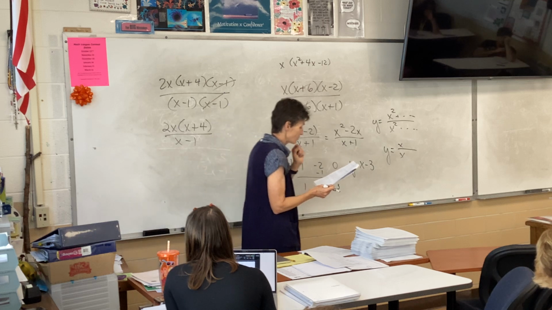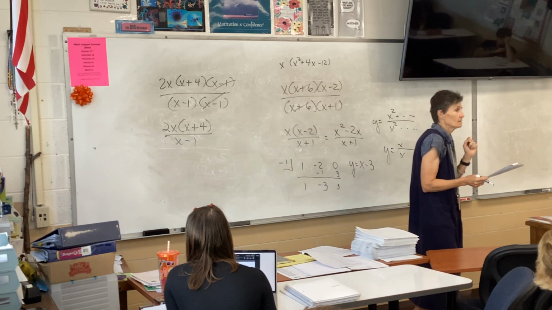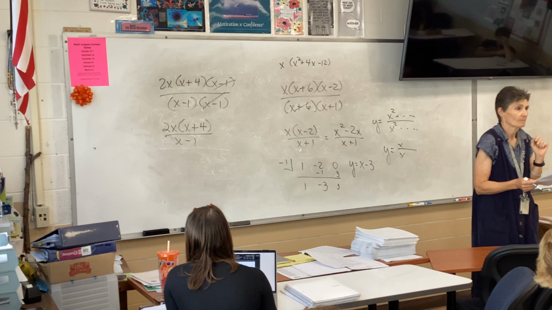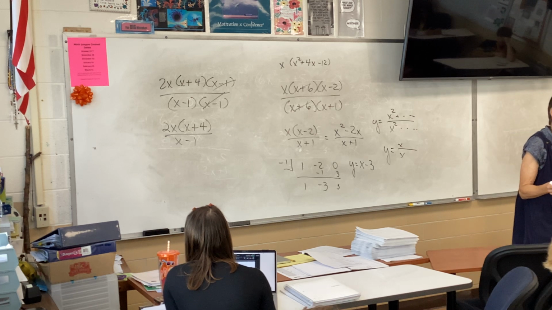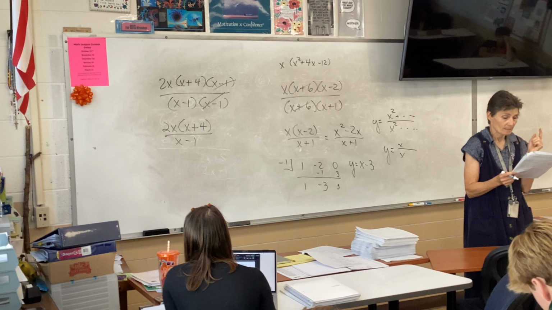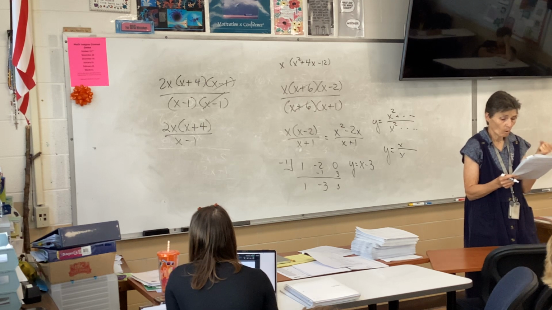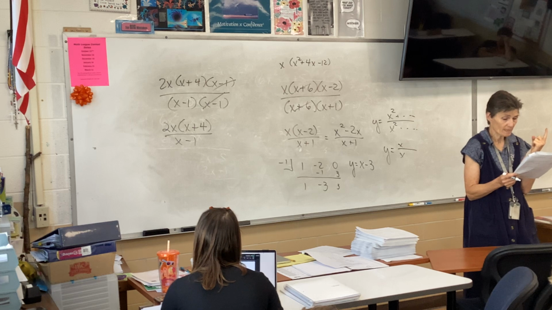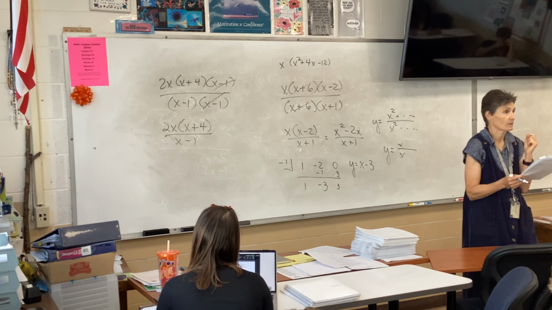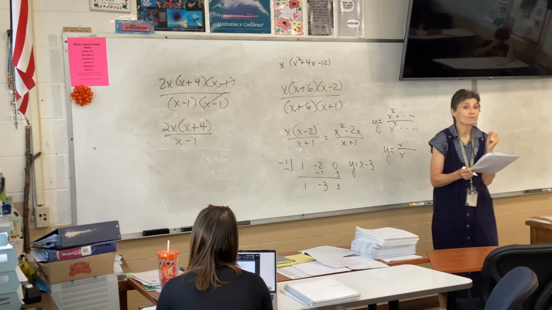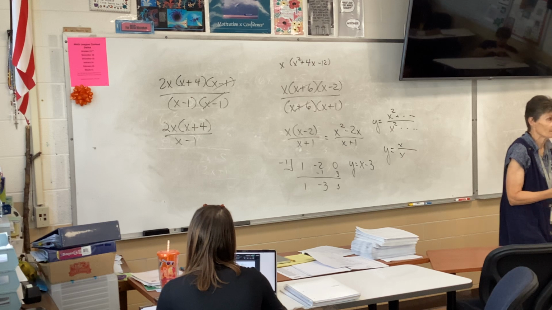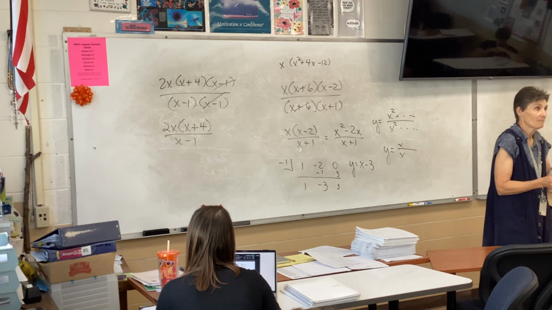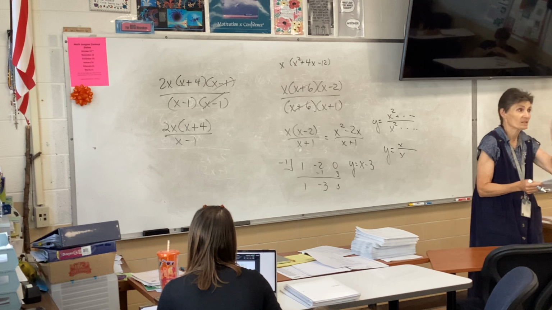Doesn't it have to be either C or D? Why? Why does it have to be C or D? The power in the numerator is bigger, so we're not going to have a horizontal asymptote, so we know it can't be anything with that. Now, do we have one hole and one vertical, or do we have no holes and one vertical? We have a hole. No holes. We do not have a hole. Why do we not have a hole? We ran into this the other day. She said that. Okay? Because when we cancel them out, there's still one down there.